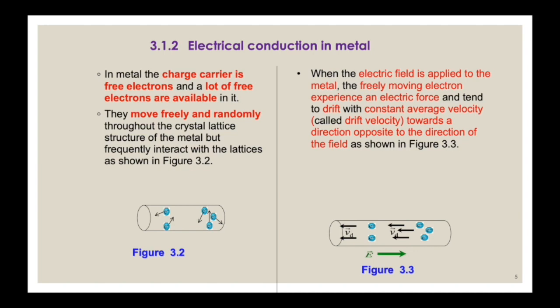You must remember that the electric field or electric current is in the opposite direction to the electron flow. Electron flow is negative to positive, electric field is positive to negative. This is also the same direction as the electric field. This I is the electric current. Electric current flows in the opposite direction of the electron flow.